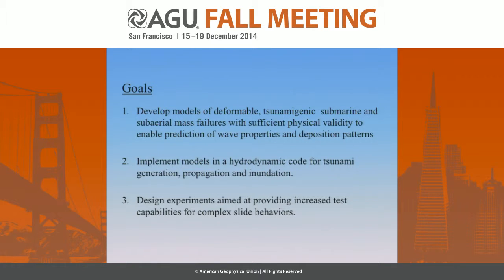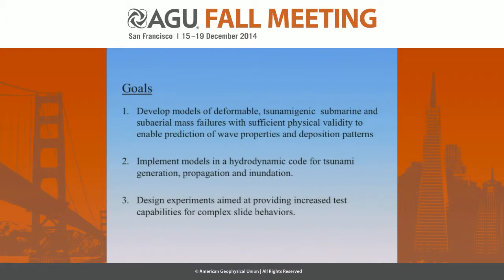Our goal in the work that's being done here is to, first of all, develop models of deformable tsunami-genic submarine and subaerial mass failures with enough physical validity to have some ability to generate events of the correct size. But we're also beginning to be more interested in looking at these events in terms of their depositional patterns and alteration of the seafloor over time.